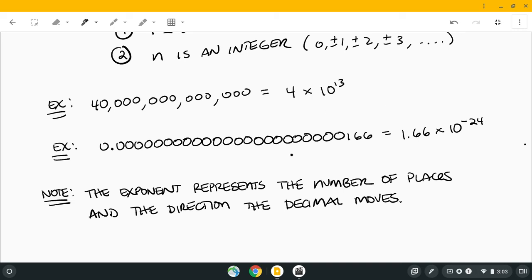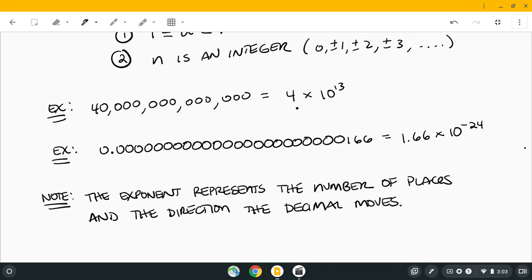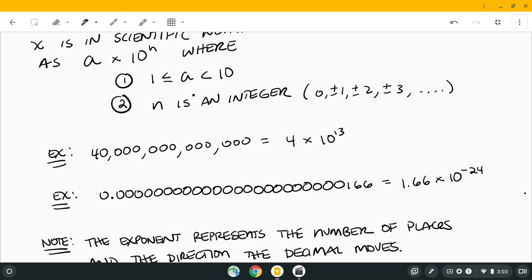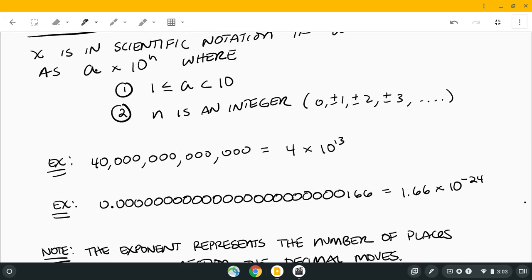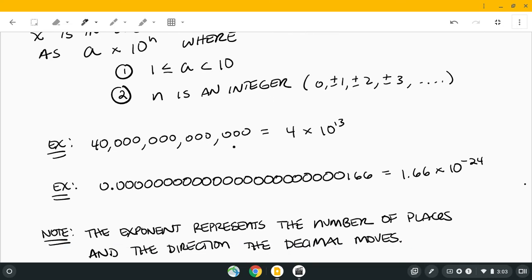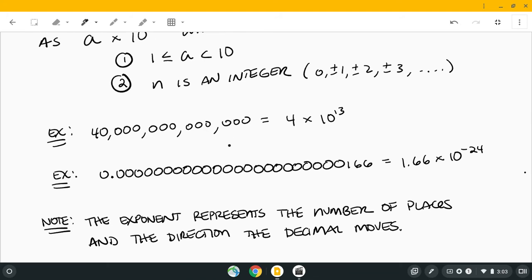Okay. And then over here, we originally set up that this number that's being multiplied by this power of 10, this number a, has to be a number that's somewhere between 1 and 10. Okay, so clearly this is not a number between 1 and 10, right? And so what happens is the decimal is originally over here.